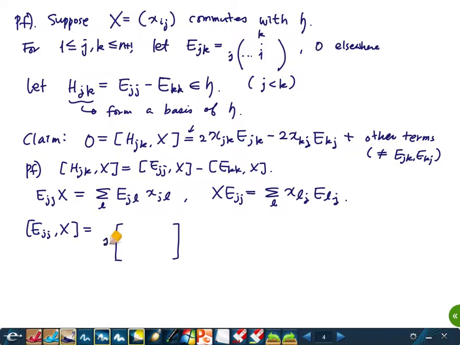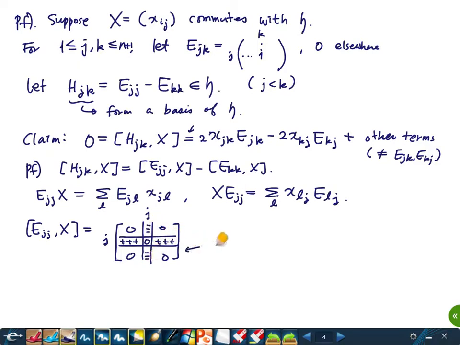We have the jth column and jth row. Let's look at this part. So basically, we have zeros except the jth column and jth row, because we only have this and this. So we have entries of X, but because this is going to be minus, we have plus entries here and 0 here, plus, minus, minus, minus, something like that.